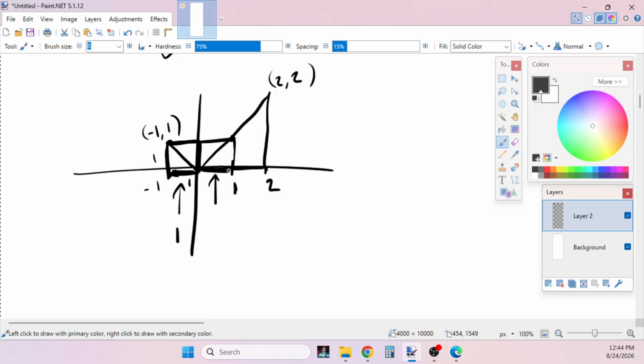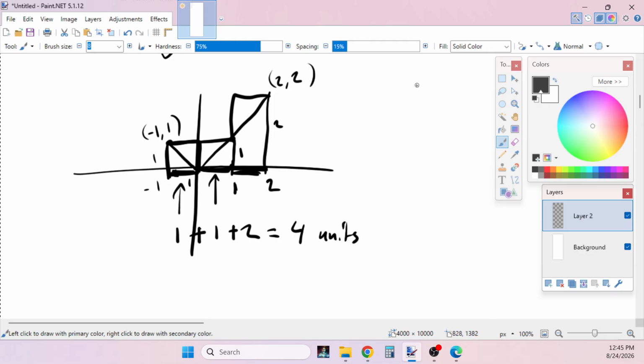We get a rectangle that is 1 unit high and 1 unit wide, so that is 1 unit. And then in this third region, the highest point here is 2 units tall. It is 1 unit wide, so the area of this rectangle is 2. And that means that the upper estimate of the area is 1 plus 1 plus 2, which is 4 units.